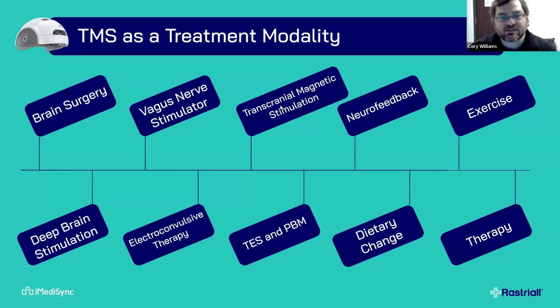As we continue down this path, you'll see that transcranial magnetic stimulation is right in the middle. It is putting energy into the brain, but it's not invasive from a surgical perspective. So it gets that spot right in the middle. And that's what we're going to talk about, just the very basics today.